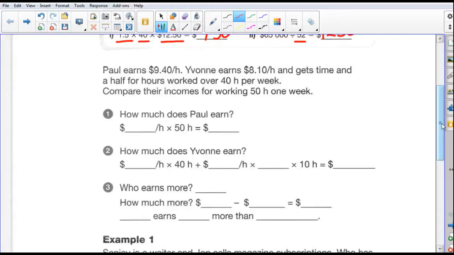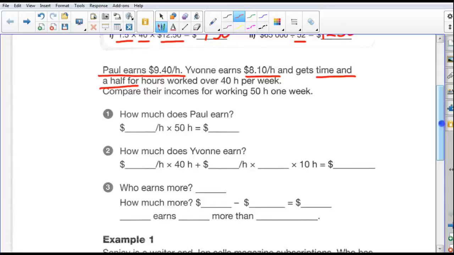Now you know that Yvonne is making $8.10 per hour, but anything she works over 40, they're going to pay her time and a half. Paul, on the other hand, looks like he is making $9.40 per hour and getting paid nothing for any overtime. He's getting a higher wage than Yvonne, but we're going to compare them and see if they both work 50 hours in 1 week, who makes more money.